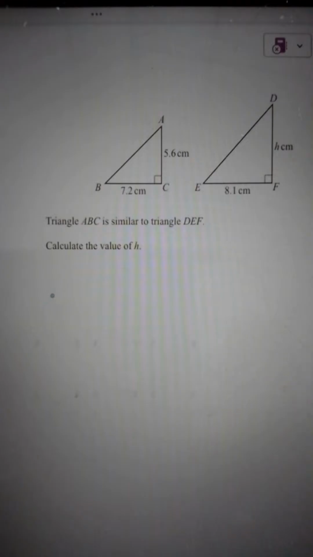Here, if we find similar triangles, the corresponding sides' ratios are equal. So H, ratio 5.6, if I write. This side corresponds to this side. These two sides of these two triangles are corresponding, so their ratio is the same as the other two corresponding sides.